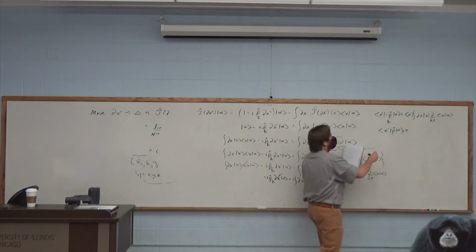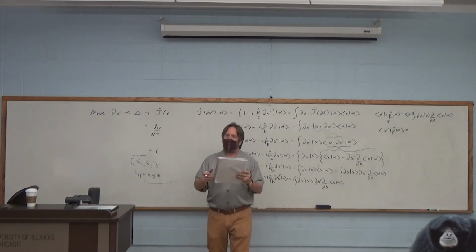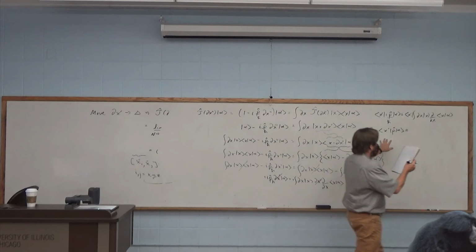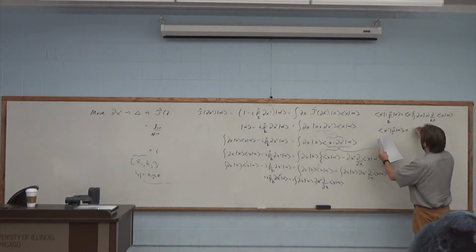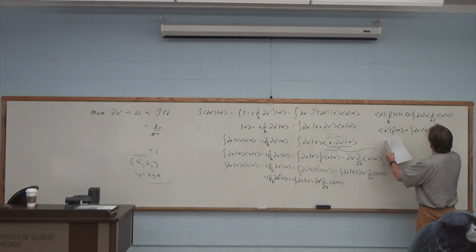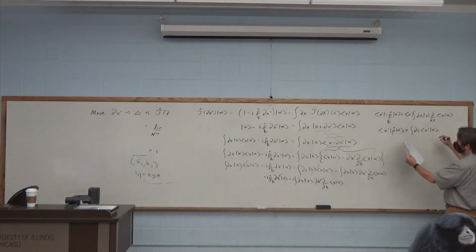Okay, so notice now I've got the operator defined. So this is really what I'm trying to get to. And now I've got, maybe that. Notice that I just created a delta function.